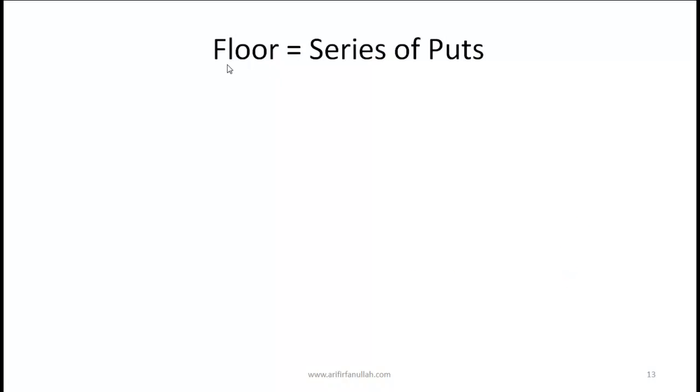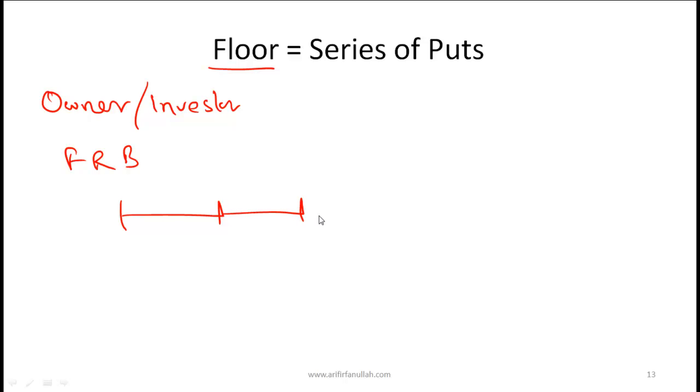The next point now is that an interest rate floor is equal to a series of put options. Now take the perspective of an owner or an investor in a floating rate bond. So to keep it simple again, we have a bond that will make 3 annual payments. So this is period 1, 2, 3, and let's say this is a floating rate security.